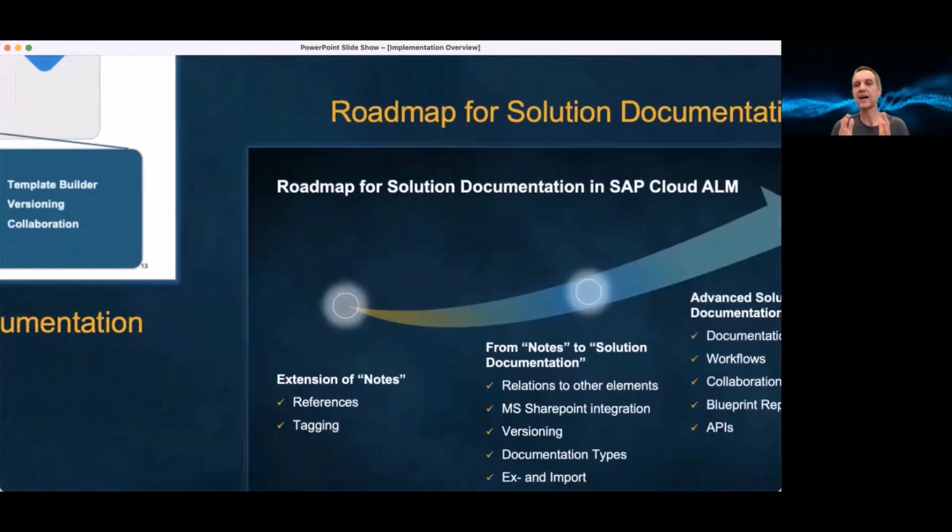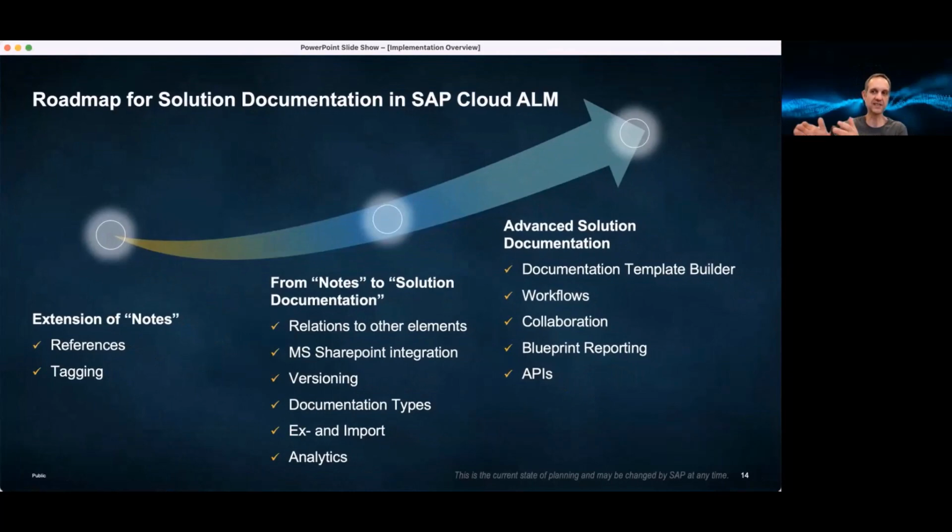If you want to know what the steps are in order to get that out: currently we are on the left-hand side, where we have nodes as an infrastructure, and we extended these nodes at the end of 2022. So we now also have tagging and the possibility to have references. But the next major step is to release the new solution documentation app.